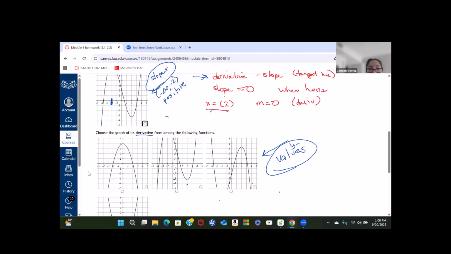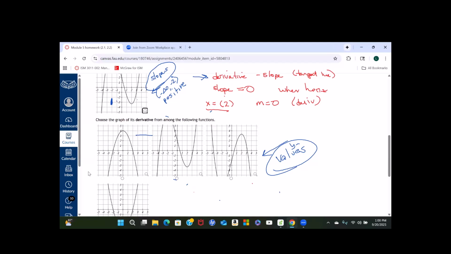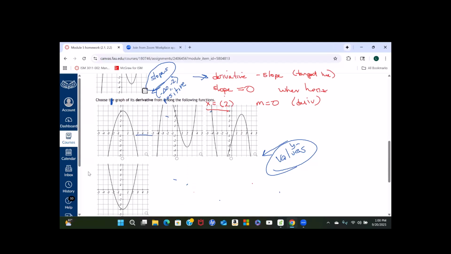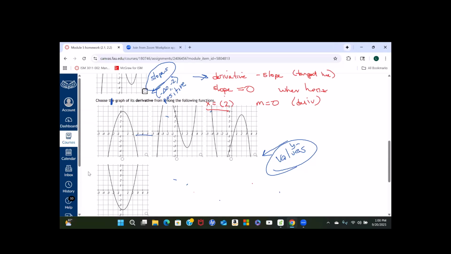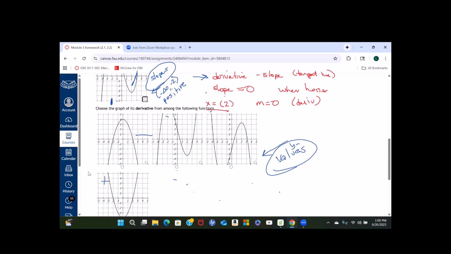Let's look at the bottom one that we said was the other possibility. And now, what are the values from negative infinity to -2? They're all positive. And then from +2 to infinity, the slopes are all positive again, aren't they? Yes.